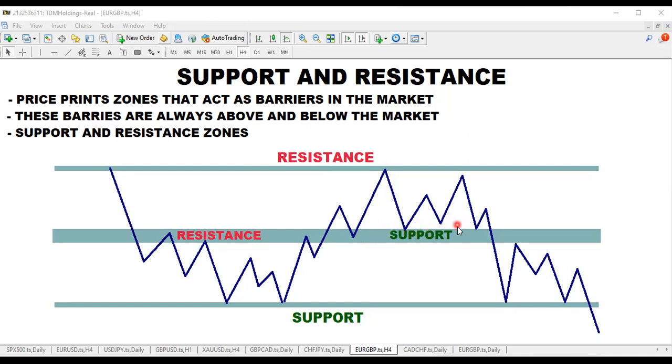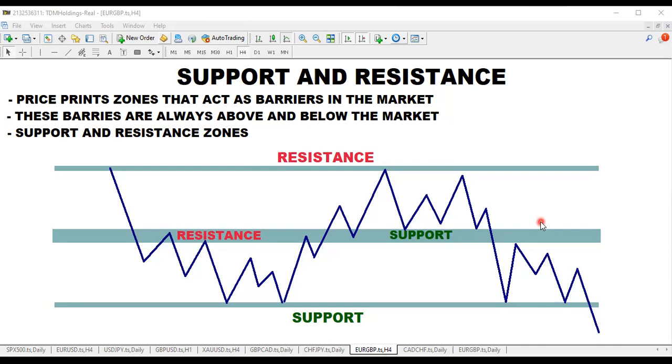And then the same thing, when the market breaks an area of support to the downside, since that area will now be above the market, it will then become a resistance. So a previous support becomes a future resistance, right? So effectively, this is what support and resistance is, and this is how the market reacts to support and resistance and different behaviors.